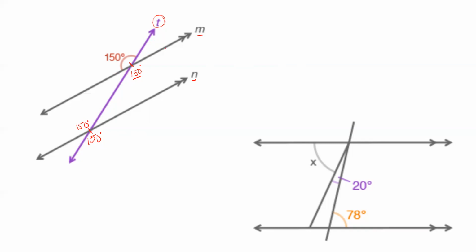Well, hopefully we can, several different ways, right? We have pairs of supplementary angles. Here's two on both sides of my line I just drew. So if this is 150, the supplement to that would be 30 degrees. And then I have vertical angles, so that's 30. And then we have corresponding angles, 30 and 30.